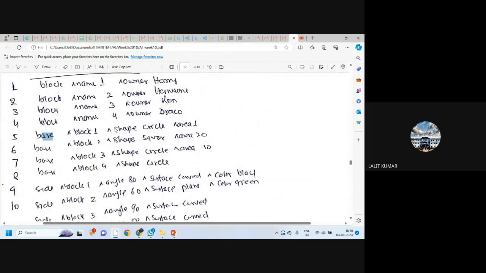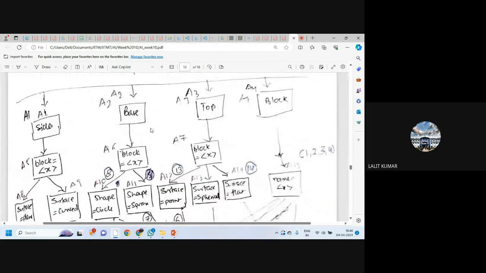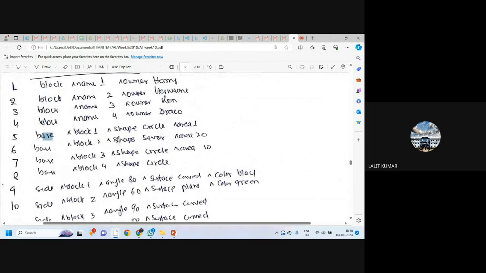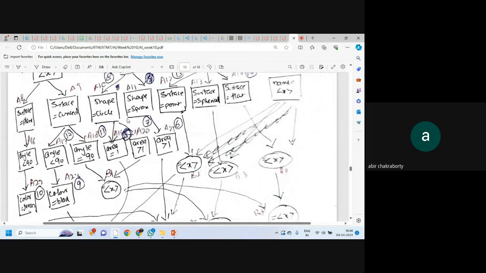Then it comes to shape circle, so A10. And then it comes to area one, so A19. Area is equal to 1. This is A19. So it has come here and set here. I have written 5 here. So WME5, where is it sitting? It is sitting here.